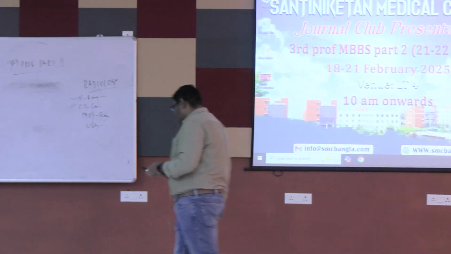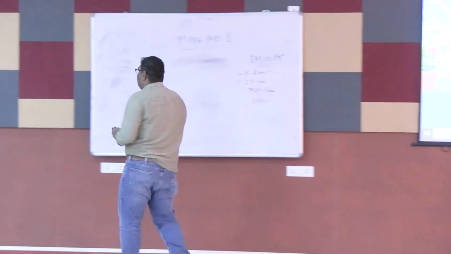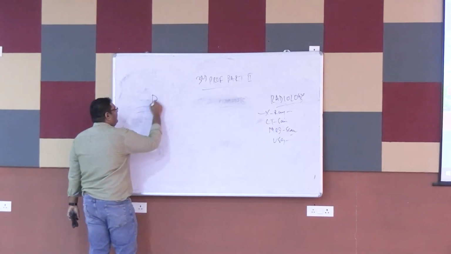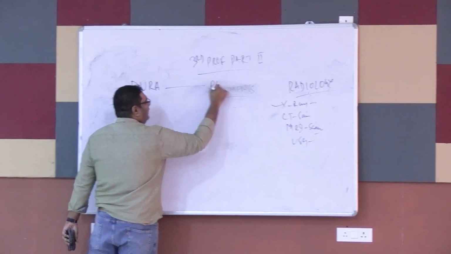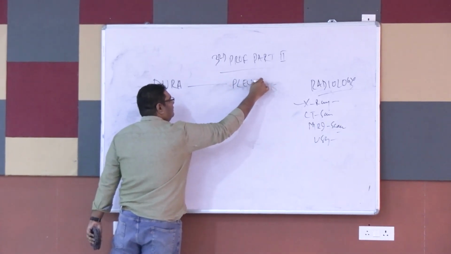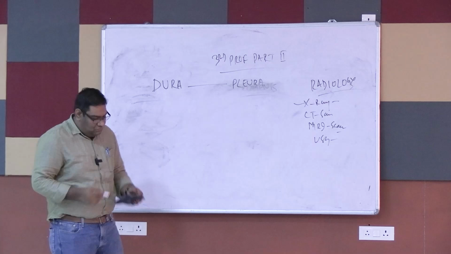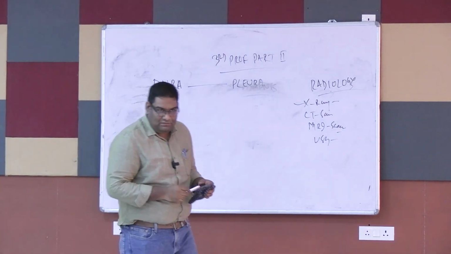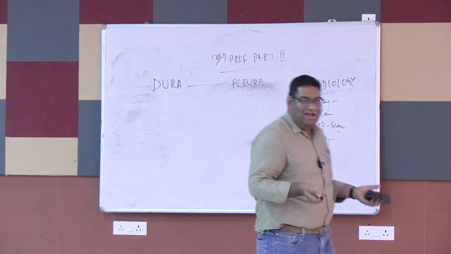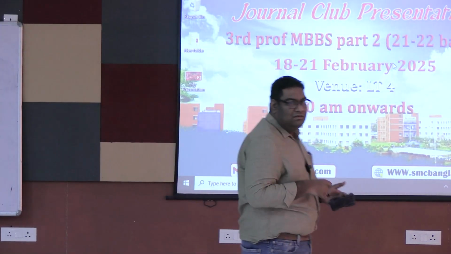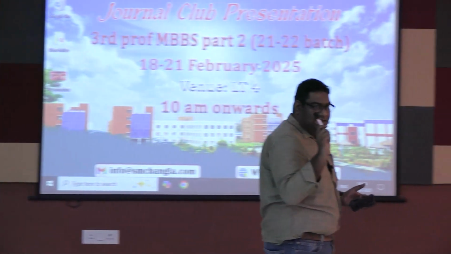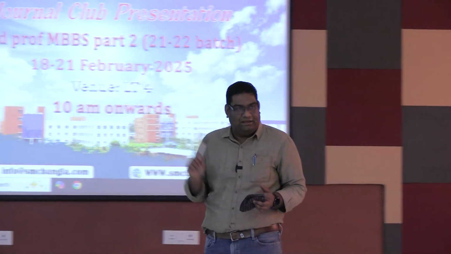So this specialty basically deals with everything from your Dura to your Pleura. Okay? Dura means the covering of your brain and Pleura means the covering of your lung. So anything in between that, this subject deals with that, except eye.